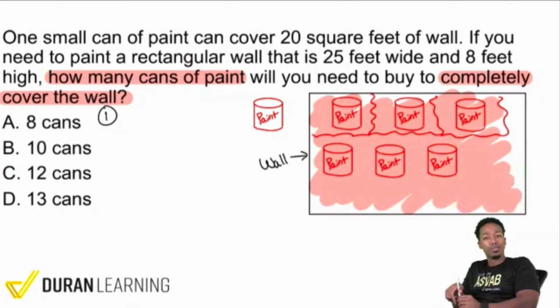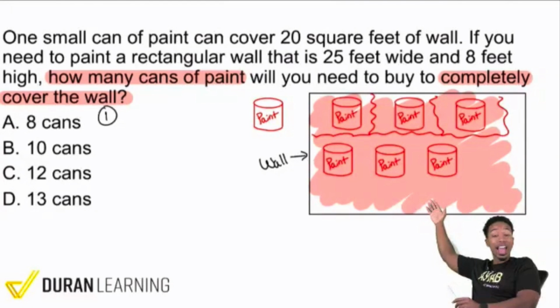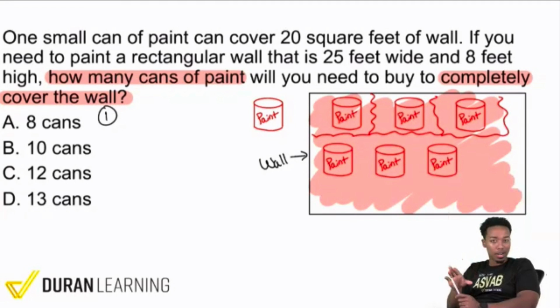We are going to divide how much wall we have by how much paint each can covers. Think about it like this.